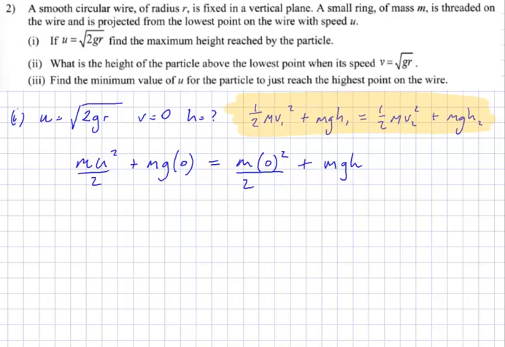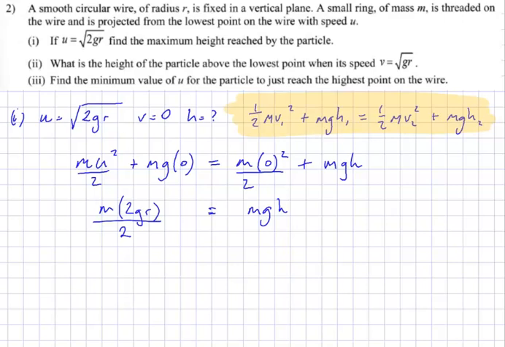We end up with, let's write this out. So we've got m, now we've got 2gr over 2. So that's the square of the square root of 2gr. Substitute in, and we end up with that equal to mgh. m cancels either side.